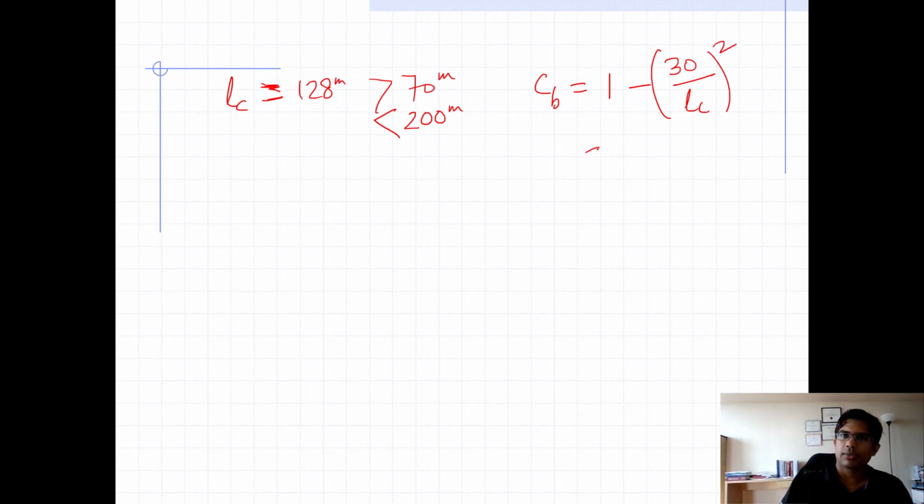So we calculate: 1 minus 30 divided by 128, the whole thing squared. The value we get is 0.945. CB equals 0.945.